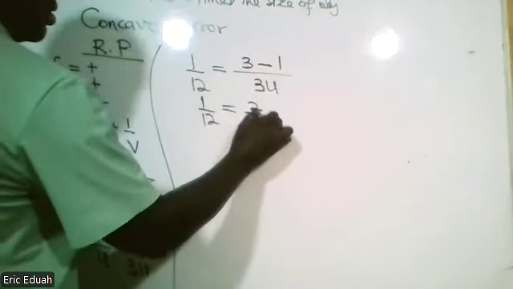When we rearrange this, we have 1 on 3U minus 1 on U, if we want to put a positive before the negative.